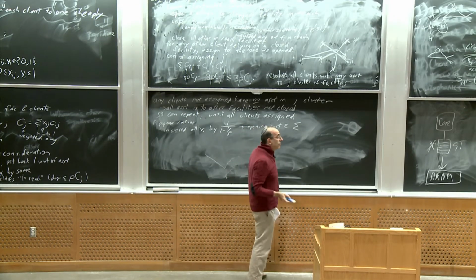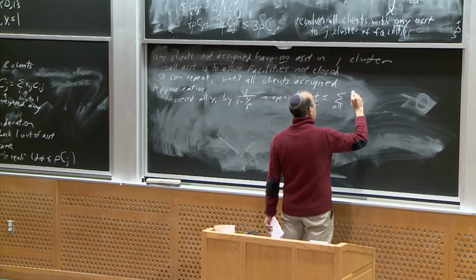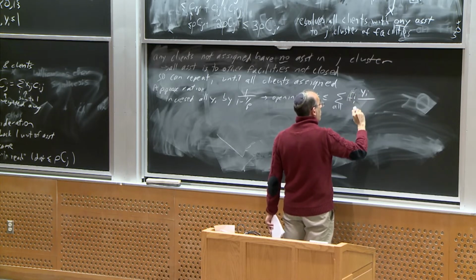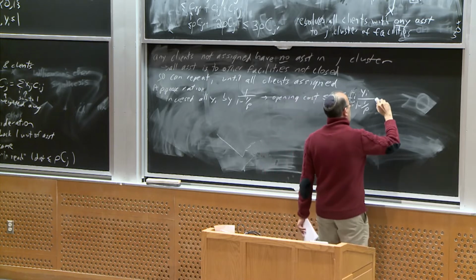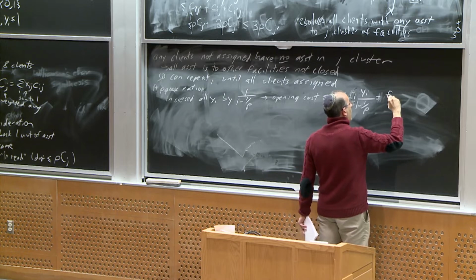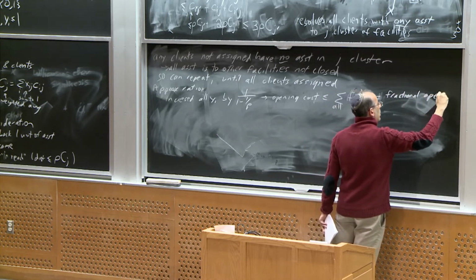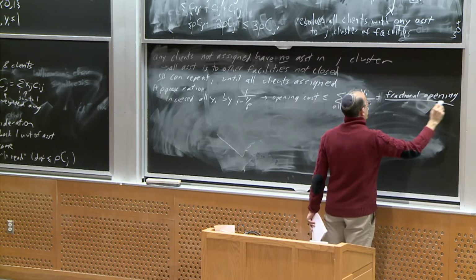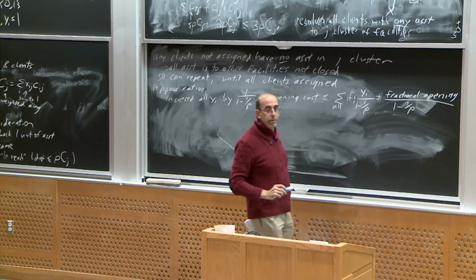We only closed each facility once, so the overall cost of opening facilities is at most the sum of the fi's times these reweighted yi's, right? And so that is equal to the fractional opening cost divided by 1 minus 1 over rho.